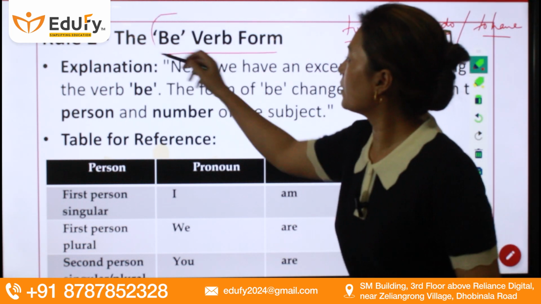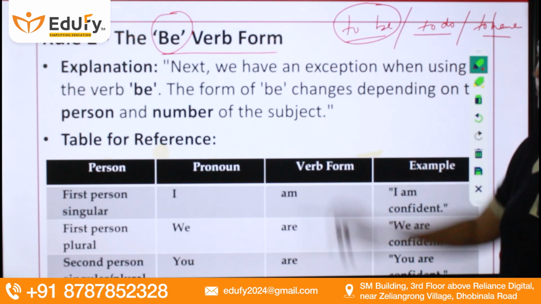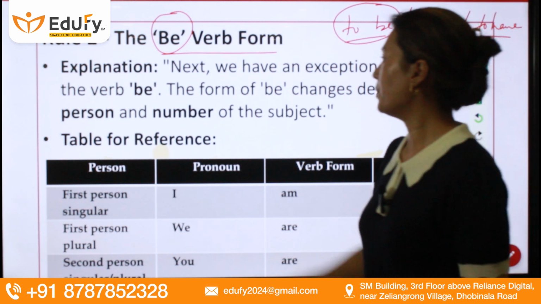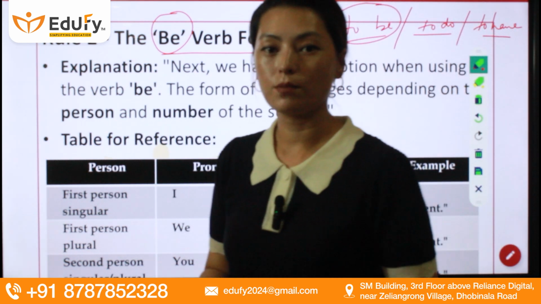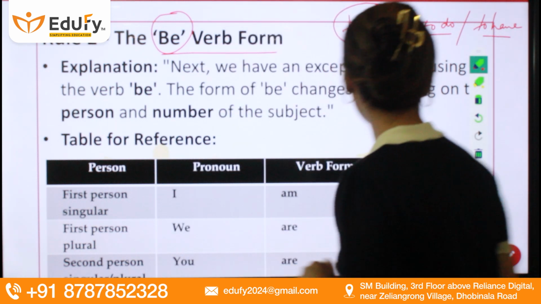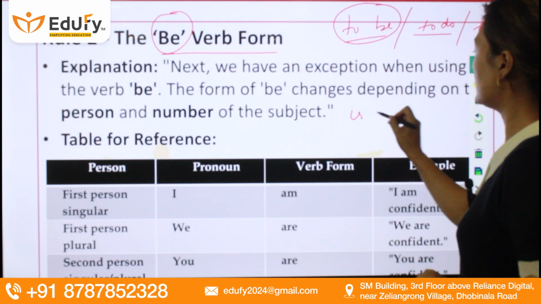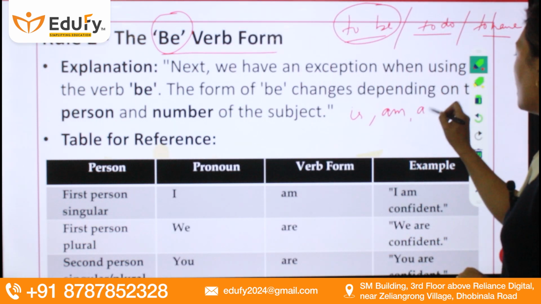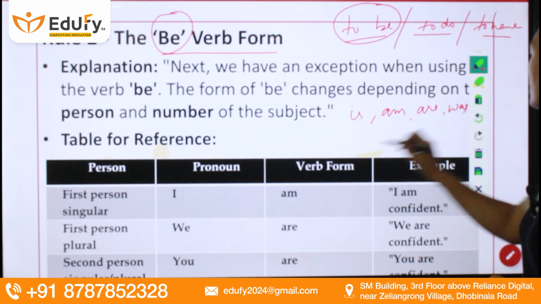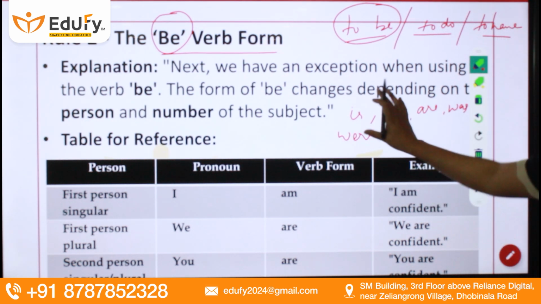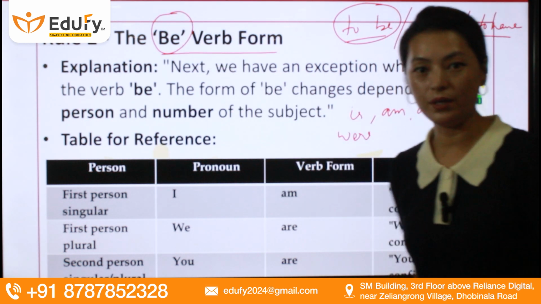And under this, we have this one. So under to be, we have all the different forms of auxiliary verbs again. What are they? Is, am, are, was, were. These are all the different forms of be.